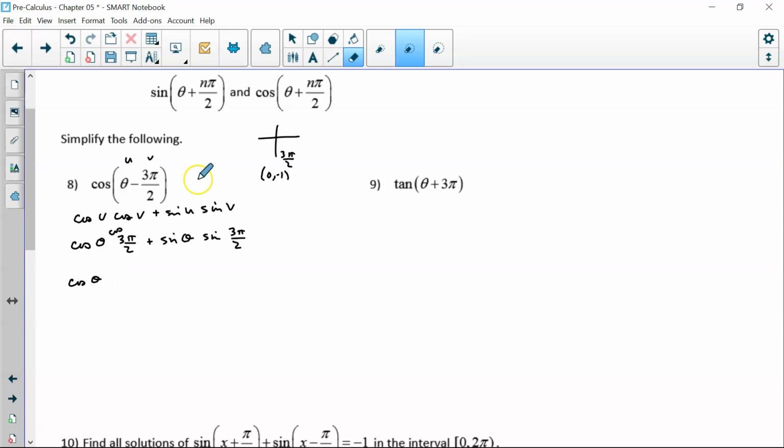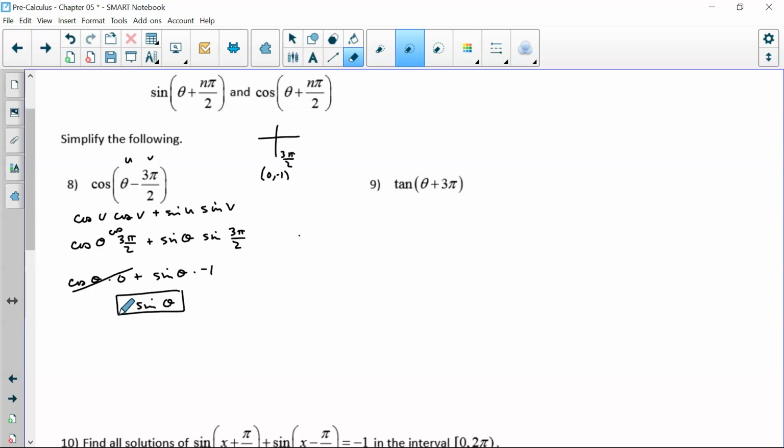Cosine theta, now the cosine of 3 pi over 2 is 0, plus the sine of theta times the sine of 3 pi over 2, that's our y, which is negative 1. Cosine of theta times 0 is 0, that's gone. So it's just sine of theta times negative 1, or negative sine theta. So that top expression is just equal to negative 1 times the sine of theta.